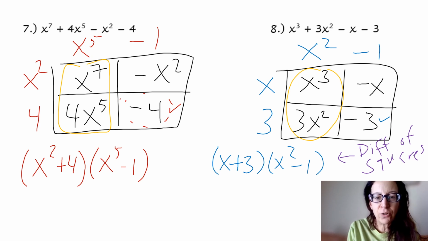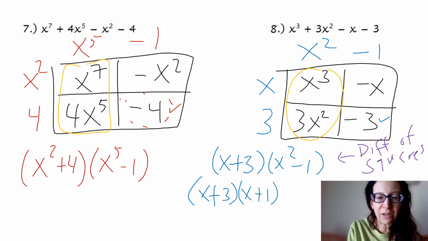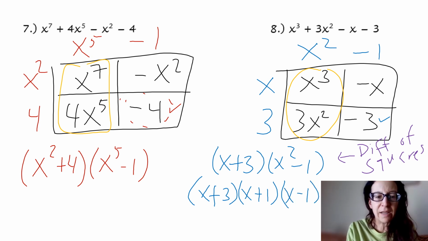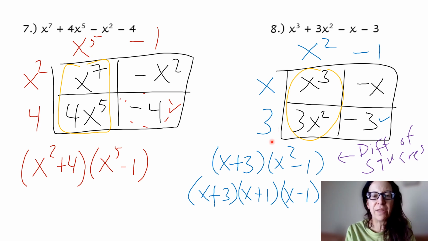Now, when I go to write my final answer, though, I keep the x plus 3. And then remember that your difference of squares factors into conjugates, and you essentially need the square root. So take a look at this. Make sure that you are clear on this. So x squared factors into x times x. You should not have more x squareds down here. Okay, this line right here follows from the line right above it.